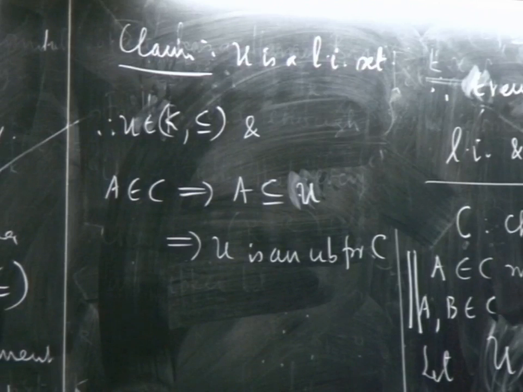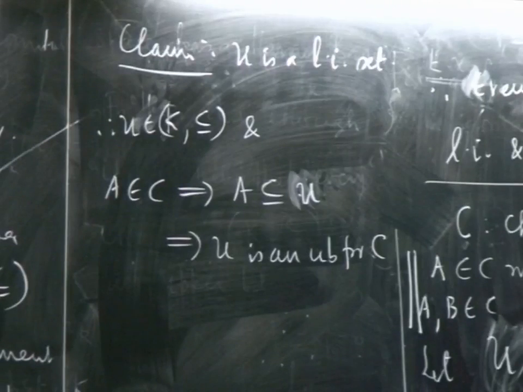Therefore we have shown that every chain has an upper bound. What is to be proved finally? That claim that U is a linearly independent set. To do that, what should we do? Every finite subset must be linearly independent.